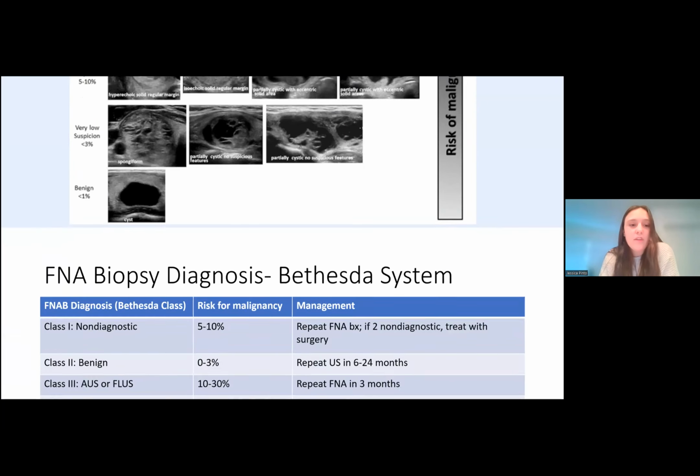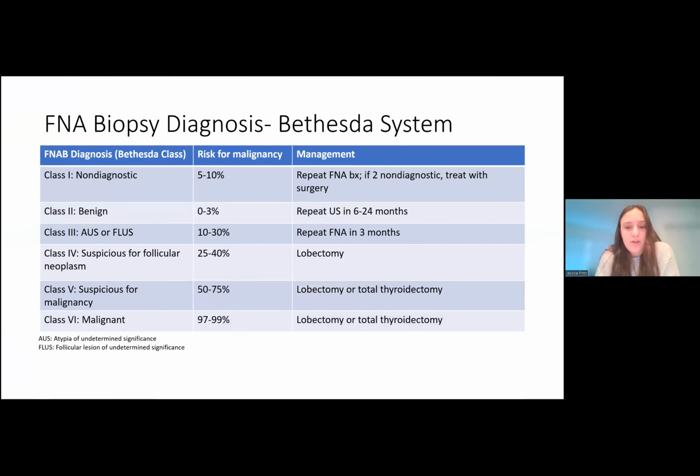So now you determine your patient has a TR3 to TR5 score on their thyroid ultrasound, and it meets the size cutoff for an FNA. You get an FNA, you get back a cytology report. Now, what do you do with that?